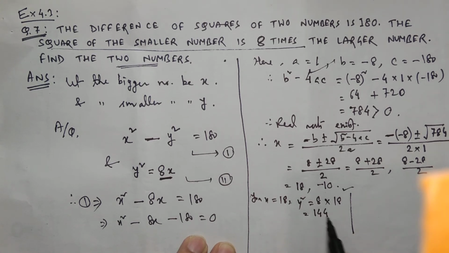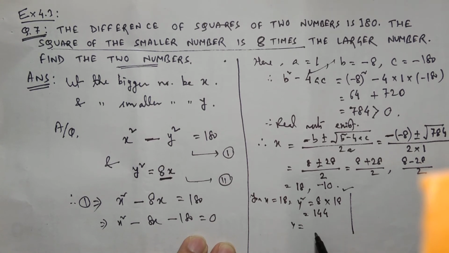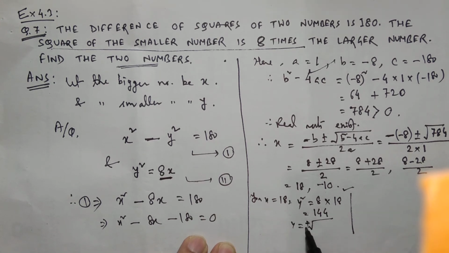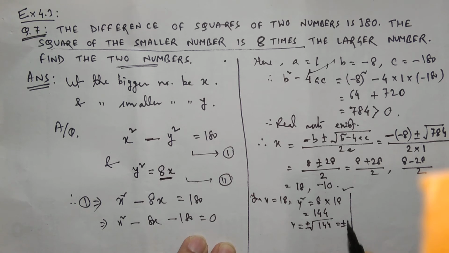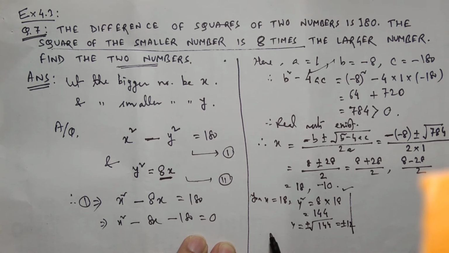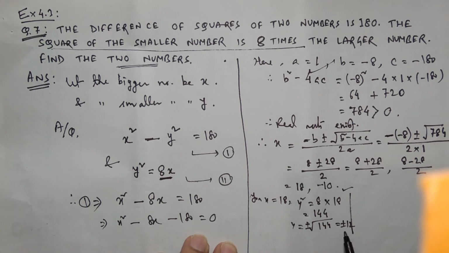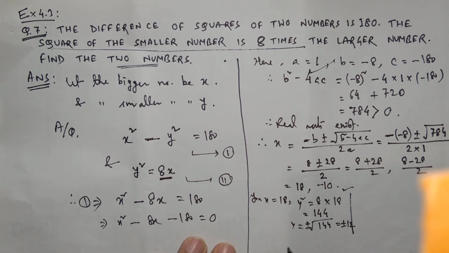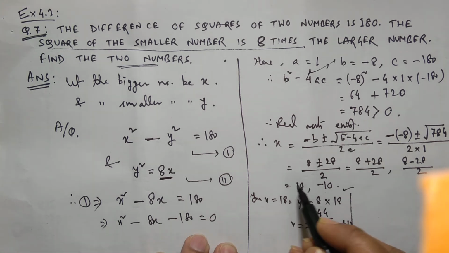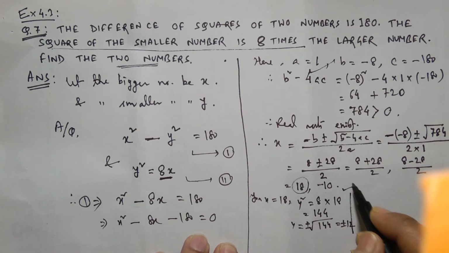Now y square equal to 144, so y equal to plus minus root over 144, so y equal to plus minus 12. That means when x equal to 18, you got two values of y, plus 12 or minus 12. So one set of answer is 18, then plus minus 12, when I used x equal to 18.